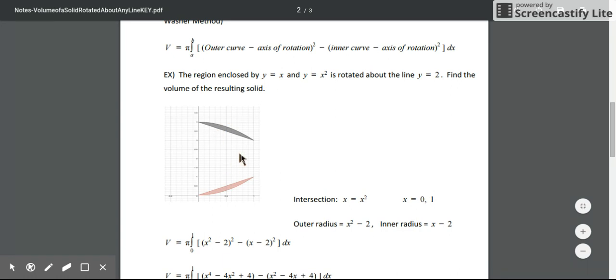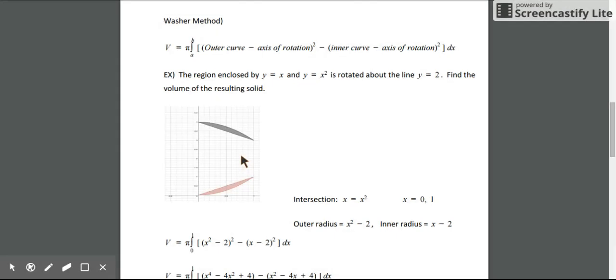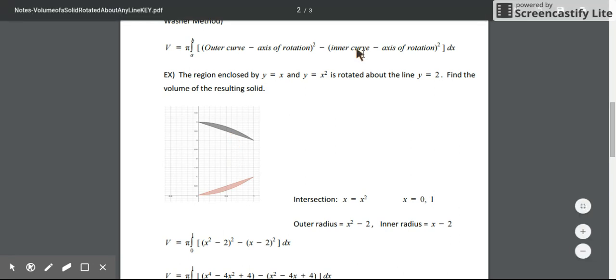So let's figure out what we need to change about our washer. Well, if this is our center of rotation right here at y equals 2, then the inner radius, or the hole's radius, is going to be the distance between that horizontal line and our inner function. So if I do my inner curve minus the axis of rotation, and square it, then we can get the circle of our hole.